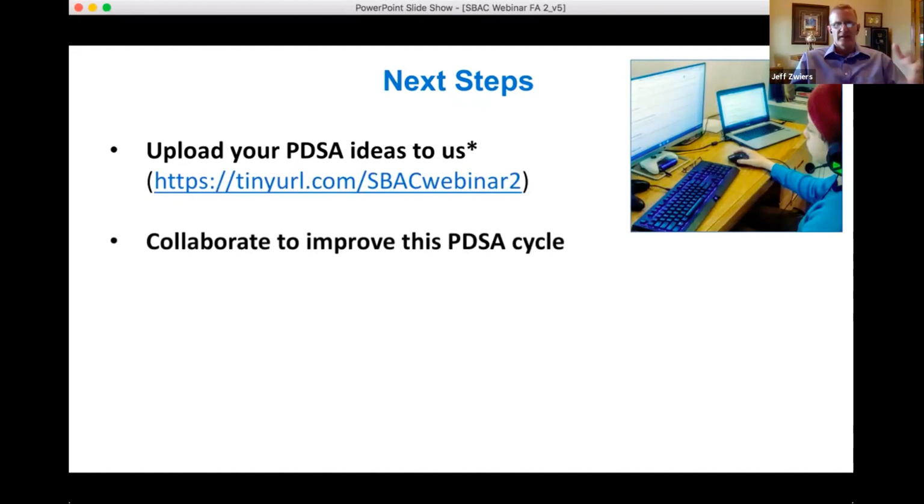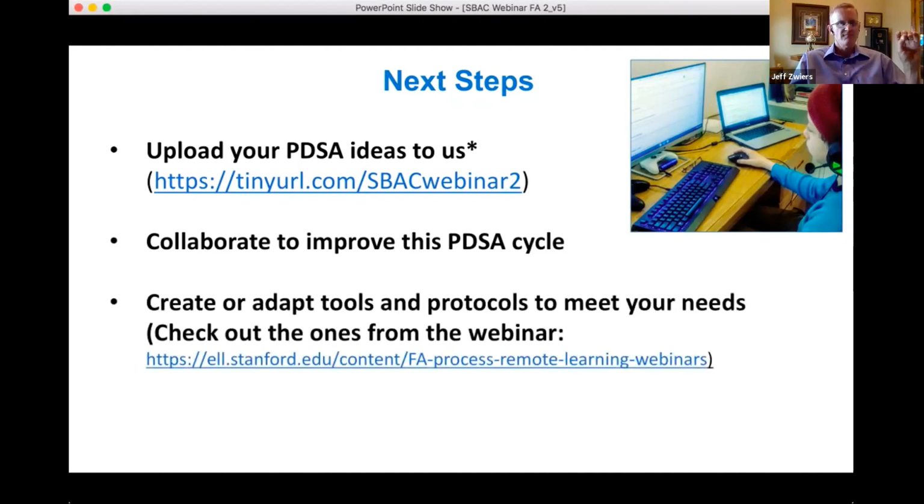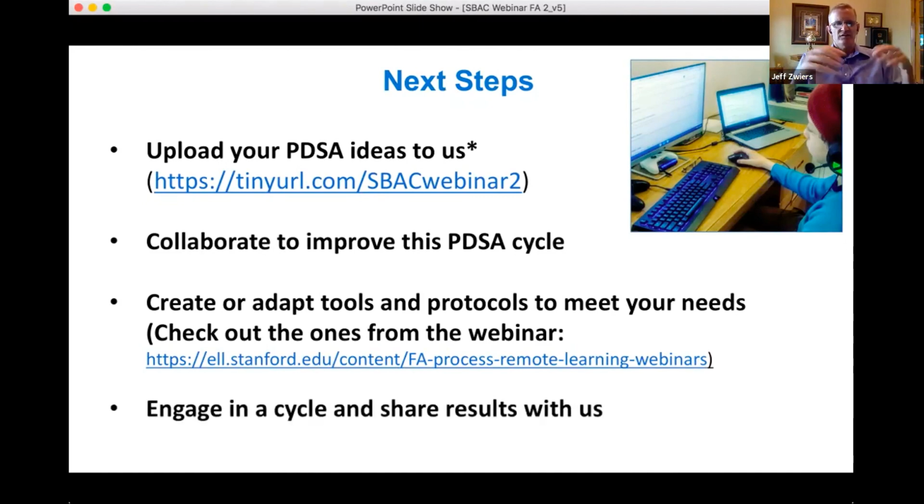And then the next step is to collaborate with others to improve the PDSA cycle. You can add to, check out, and adapt the tools that you saw on that one slide of tools, and I'll leave this up for a little bit. It should be in your PDF. And then finally, engage in a cycle. This might take a while.